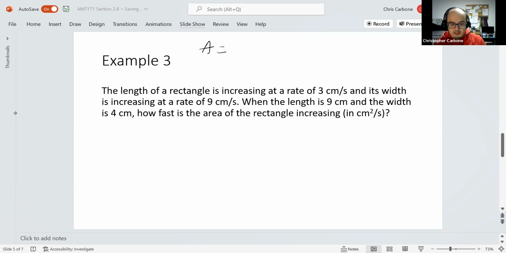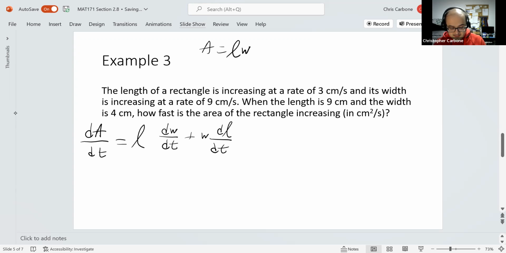The formula is the length times the width. The derivative of this area with respect to time uses the product rule: the length times the derivative of the width with respect to time, plus the width times the derivative of the length with respect to time.